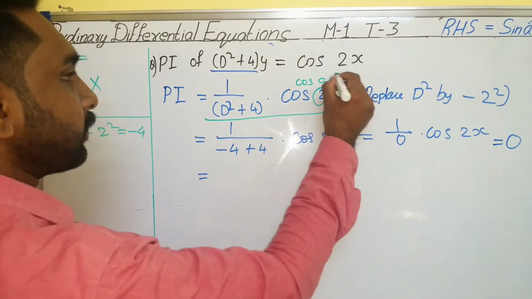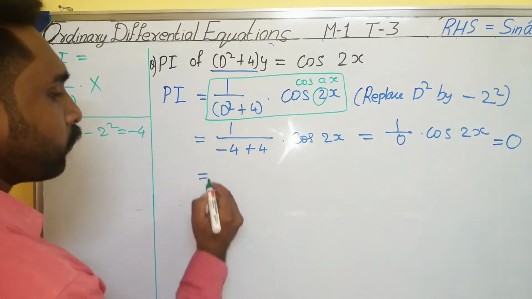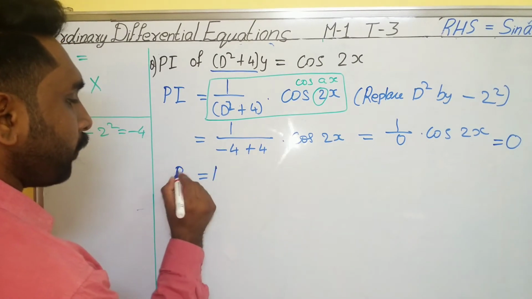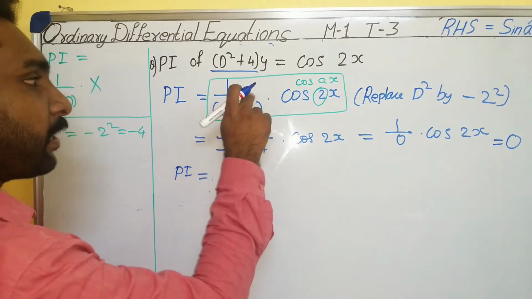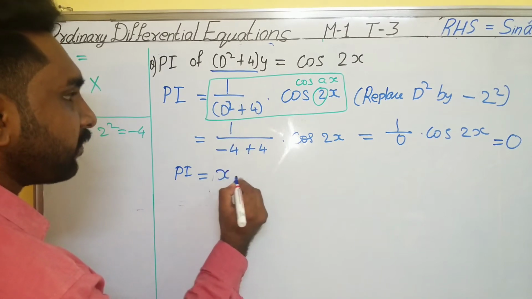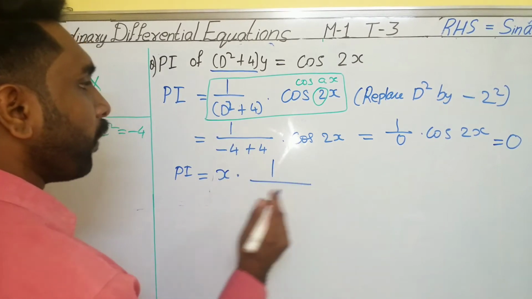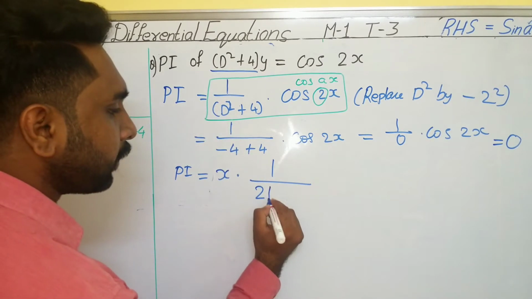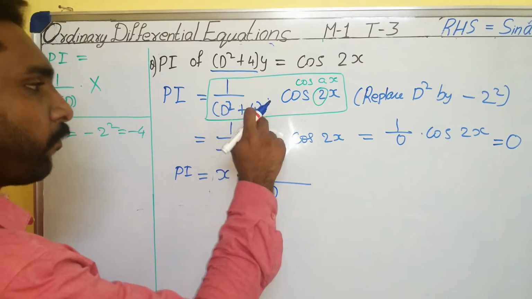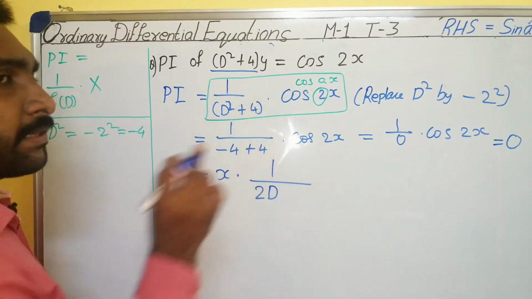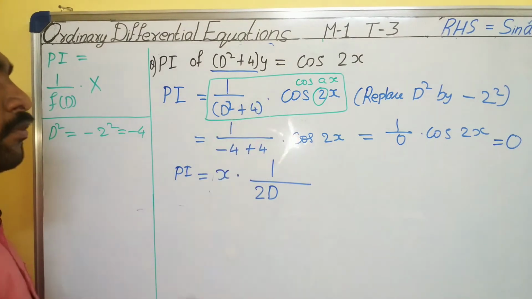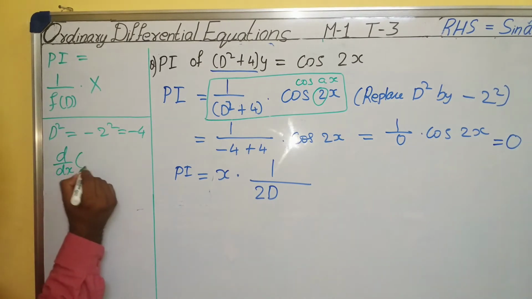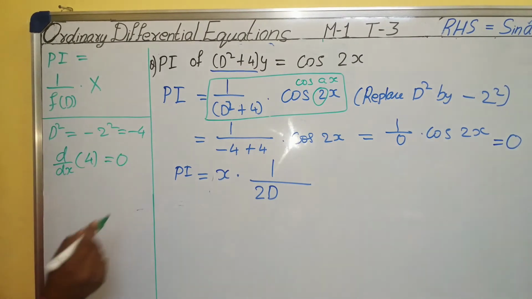So let's differentiate this term. By differentiating we get PI is equal to x into 1 by d by dx of D square plus 4. D by dx of D square is 2D, and d by dx of 4 is 0, because the derivative of a constant number is always 0.